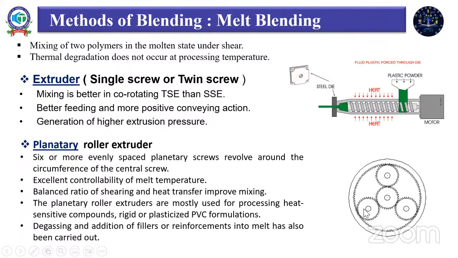In an extruder, you have the material, plastic powder, coming through the hopper, and as the screw is rotated, the material is mixed, conveyed, and comes out of the die.